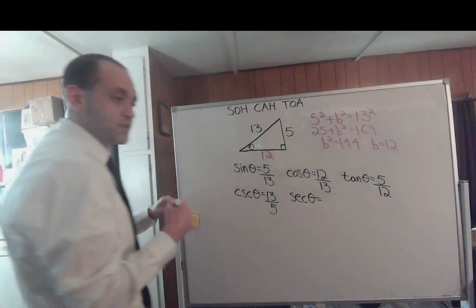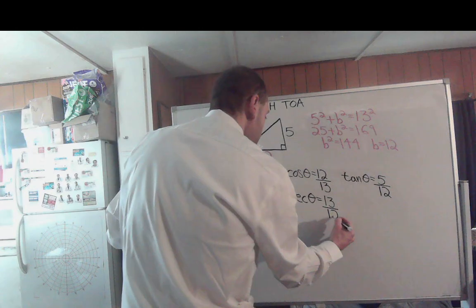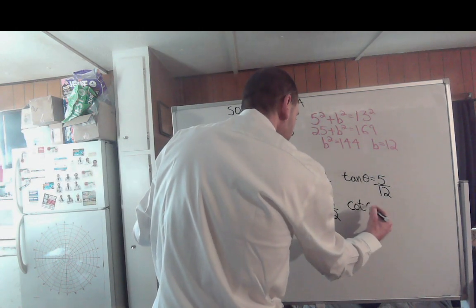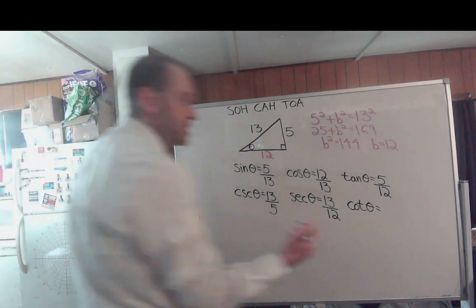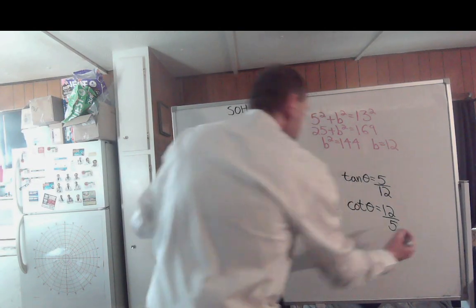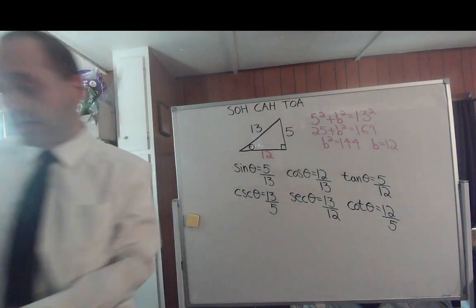Reciprocal of 12/13 is 13/12. And then we can find the cotangent of theta. That's the reciprocal of the tangent, so the reciprocal of 5/12 is going to be 12/5. So there are the values of your 6 trig functions for this particular triangle.